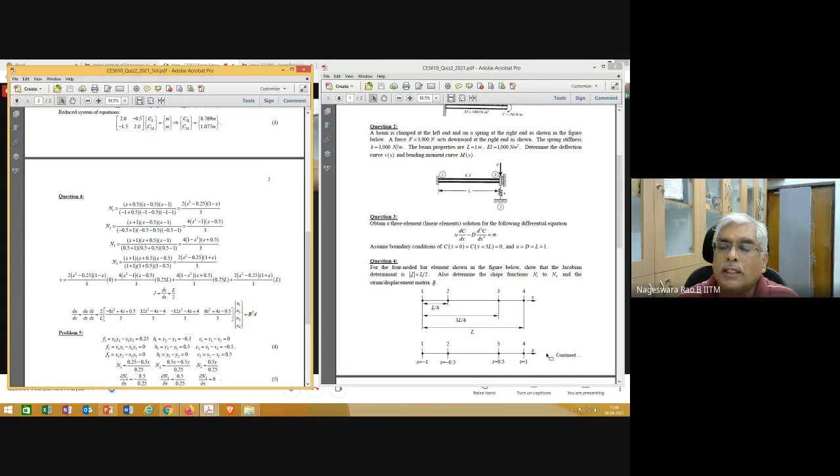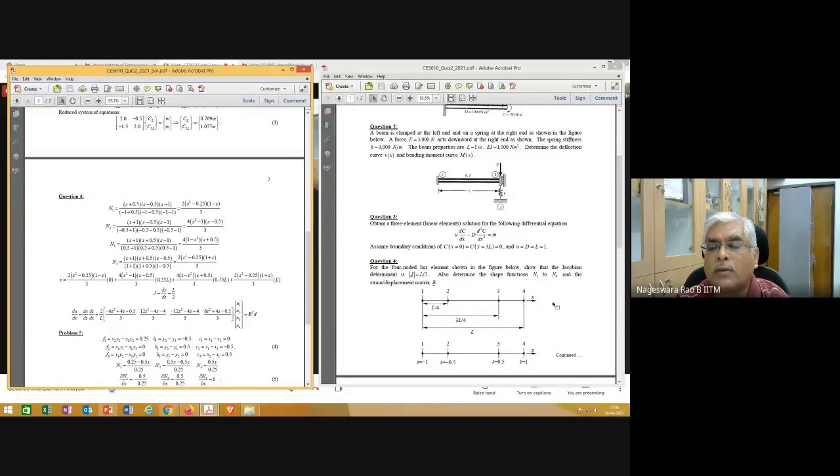Okay, so you can easily, based on whatever concepts you learned for the 3 node element, extend the same idea and write the isoparametric mapping relation.